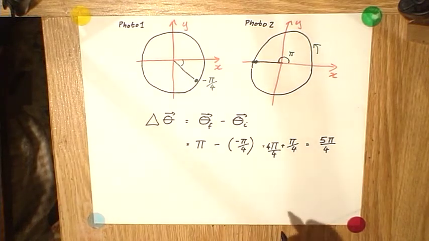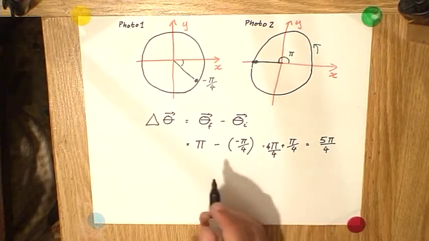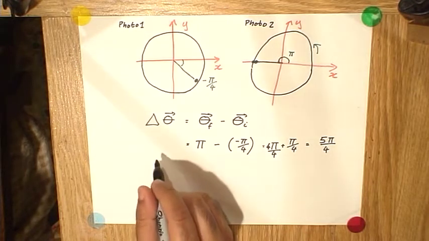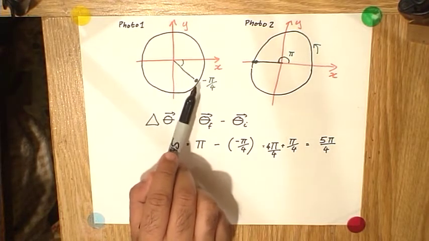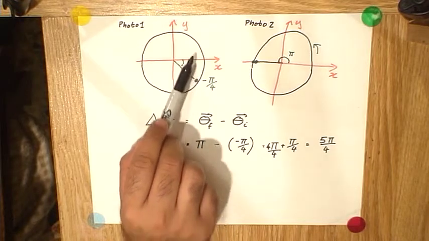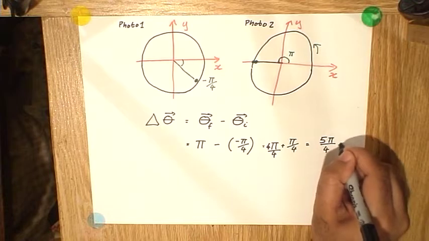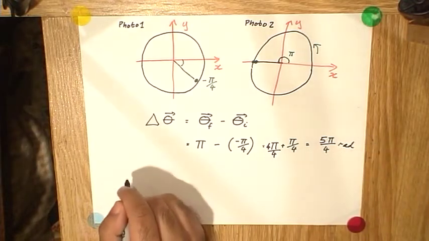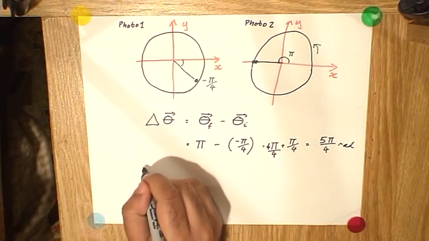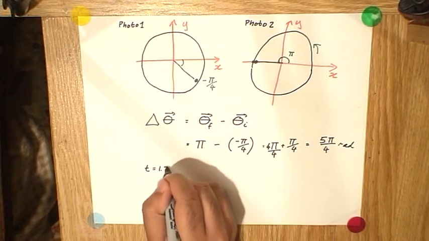This second part is really dovetailing off of where our initial question left off. We were told in this situation that the marker had rotated through an angular displacement of 5 pi over 4 radians. Now, what was the time involved in that? We were told that the time was 1.3 seconds.